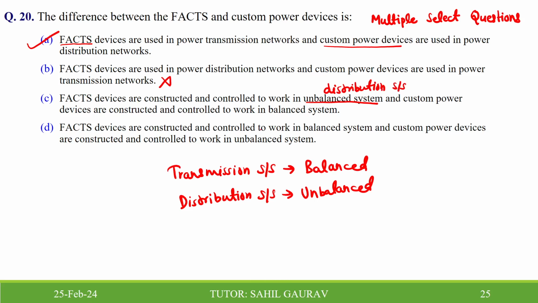So we know that FACTS devices are in the transmission system, so it is incorrect. While the last option says FACTS devices are constructed and controlled to work in a balanced system, that is the transmission system, and custom power devices are constructed and controlled to work in an unbalanced system, that is the distribution system. Therefore, D is the correct option.